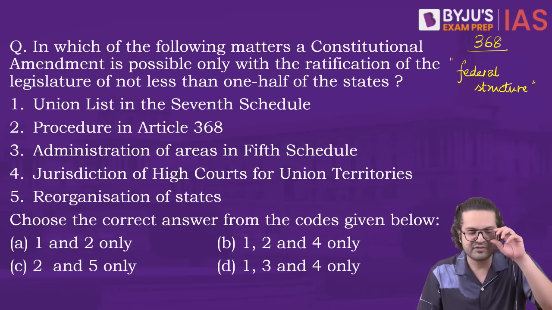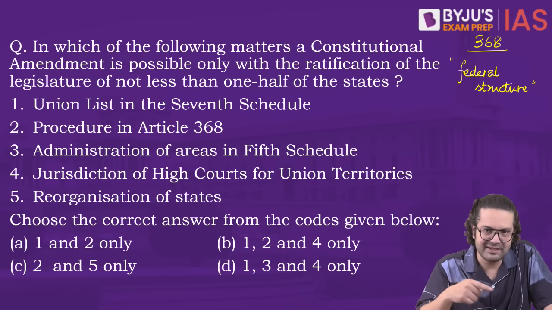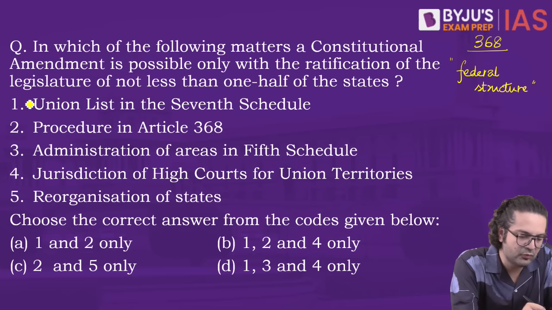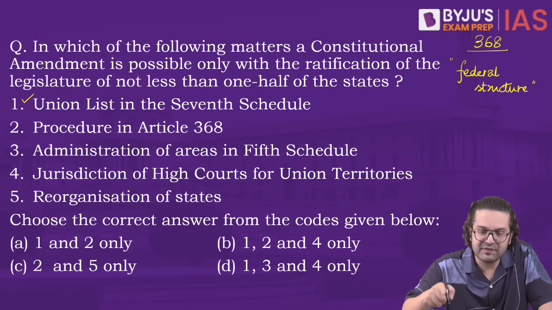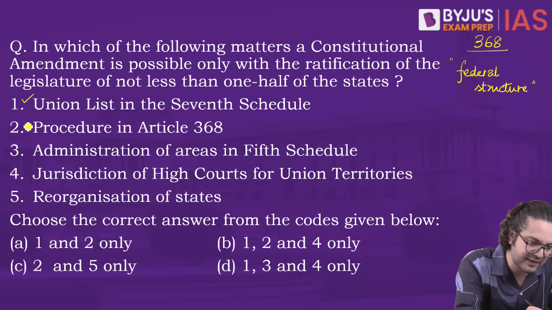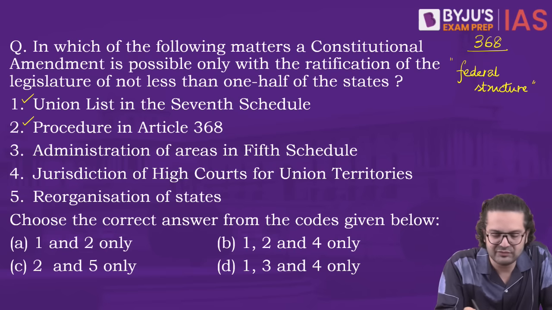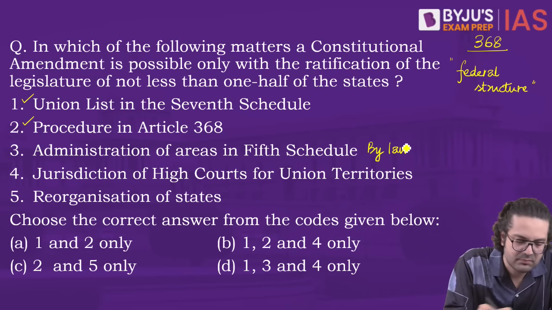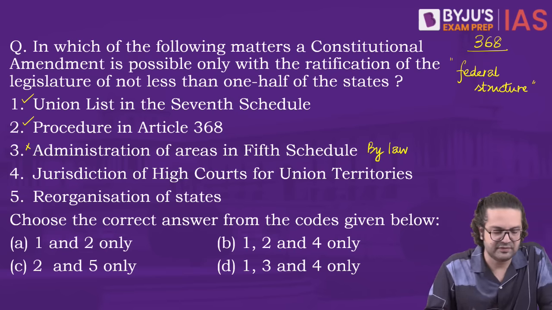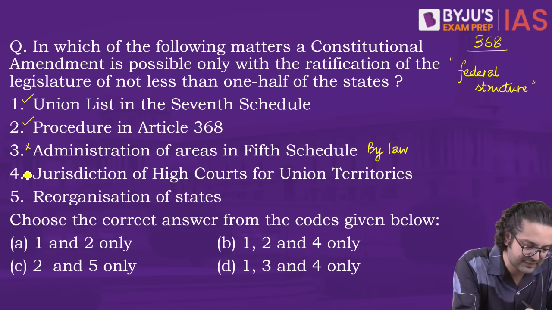So what all provisions are there? Union list, yes. If you want to modify any list, states' approval is required. If you want to change the procedure of Article 368, yes, states' approval is required. Administration of the 5th schedule areas, no. This is done by a simple majority, by law. No need for Article 368. Jurisdiction of high courts for UTs, yes.